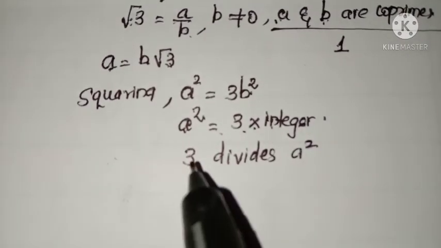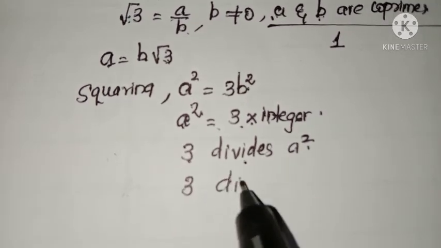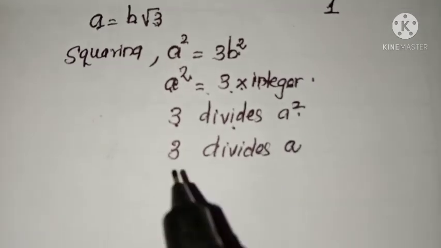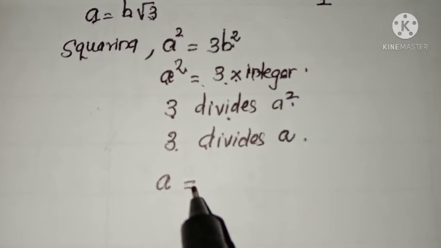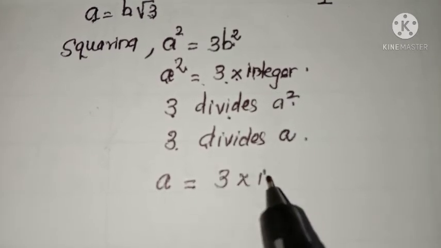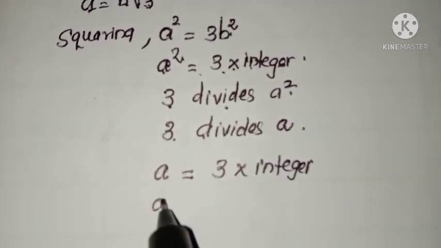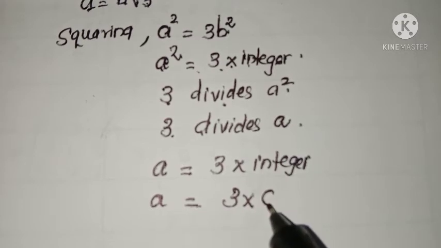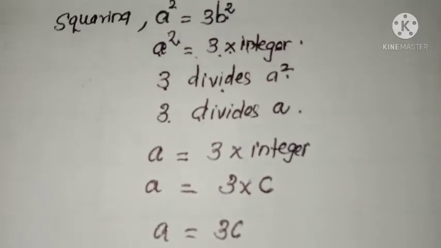Then by the theorem, if 3 divides a², then 3 divides a. If 3 divides a, then a can be written as 3 into an integer. This is the meaning. So a is equal to 3 into, take an integer c. So a is equal to 3c.